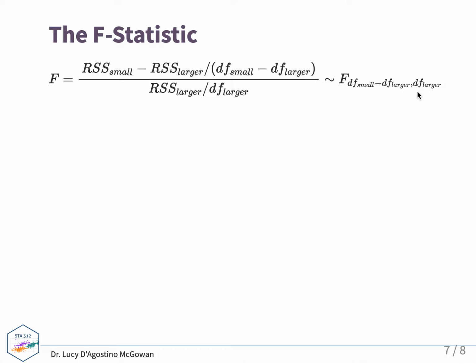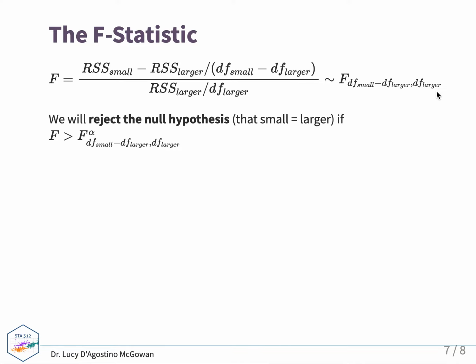And then the second parameter is the degrees of freedom of the larger model, the denominator degrees of freedom. And so we reject the null hypothesis, which is that the small model is equal to the large model, if the F value from this F statistic that we get is larger than the F value from our F distribution at some alpha level, where alpha is usually something like 0.05.